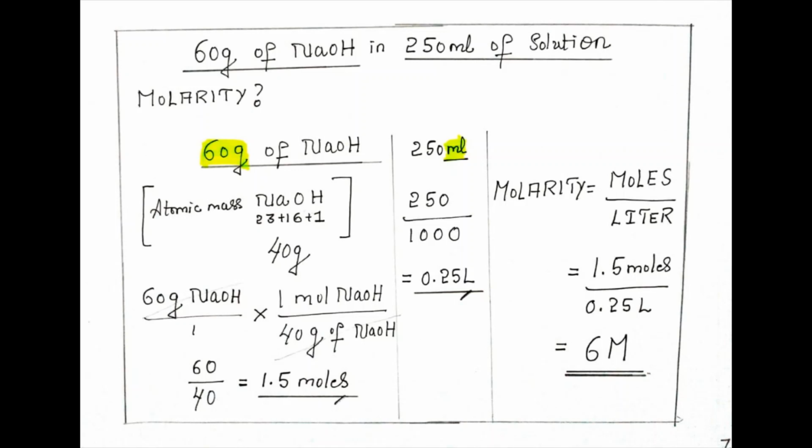It is 0.25 liter. Now easily you can calculate molarity because you converted 60 gram into moles and 250 ml into liter. 1.5 moles divided by 0.25 liter is equal to 6 molar. So molarity of solution is 6 molar.